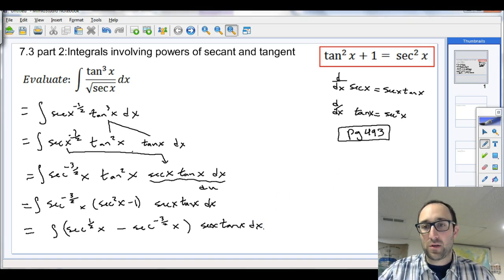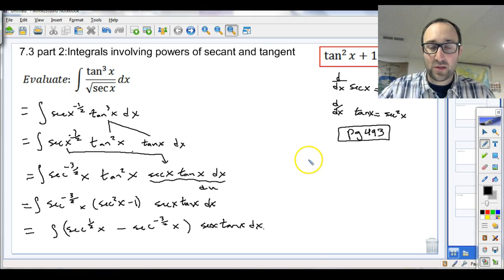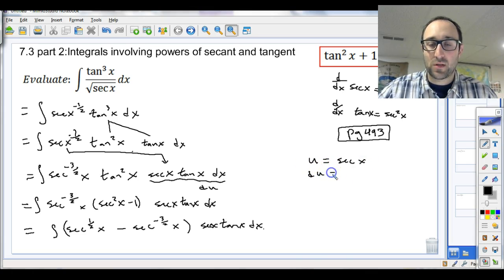Now let's set u equal to secant x, and that means du is going to equal tan x secant x dx.